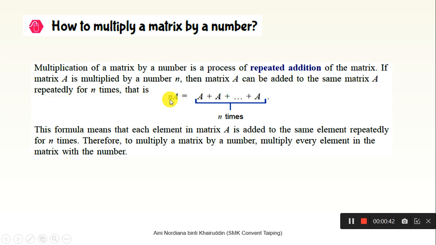That is, n times matrix A is equal to A plus A plus A, n times. So this formula means that each element in matrix A is added to the same element repeatedly for n times. Therefore, to multiply a matrix by a number, multiply every element in the matrix with the number.